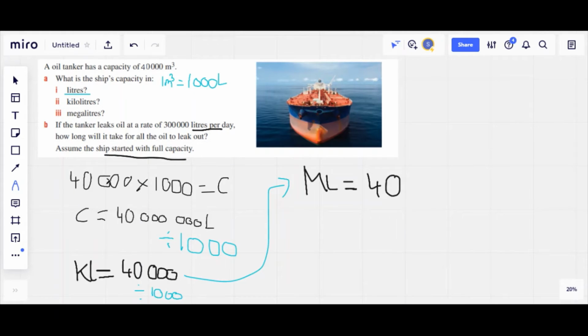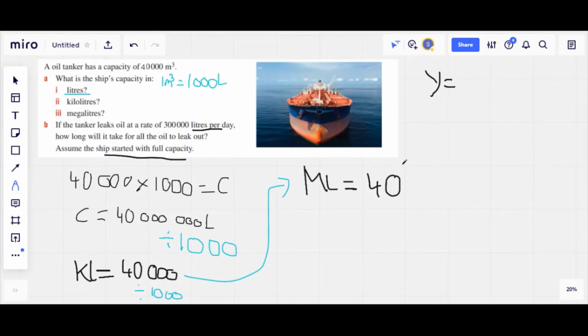So the way that we would do this, you'd need to write this out as an equation. So let's do our y. So we'll have y is equal to the amount of oil that passes through the ship.